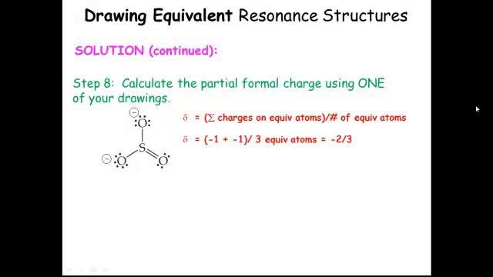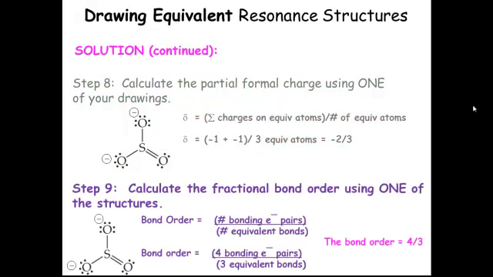So what about bond orders? Again, pick one of the structures, which I have right there, and we're going to determine the number of equivalent bonds, which are all of these. This one, and this one, they're all equivalent bonds. And we're going to count up the number of bonding pairs.